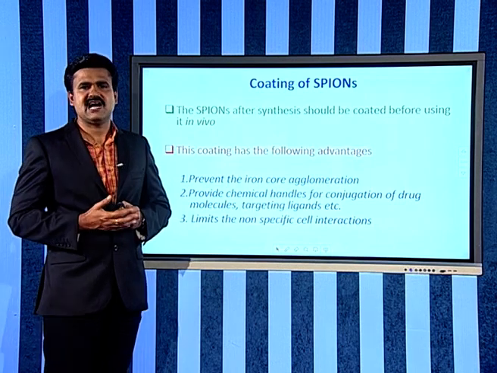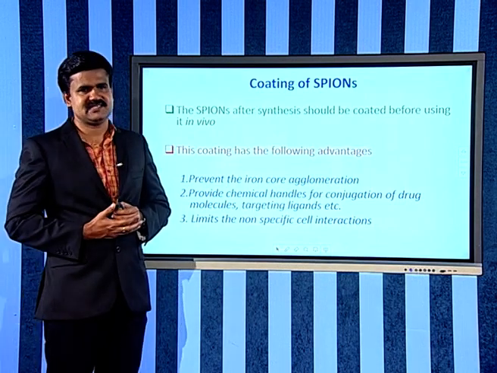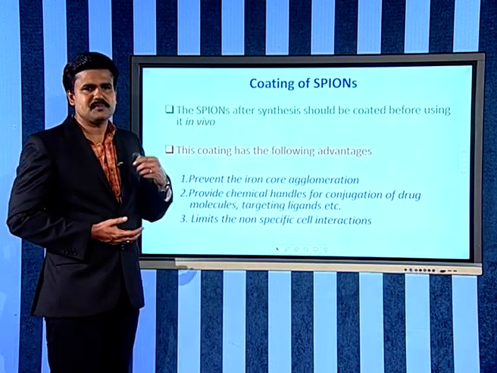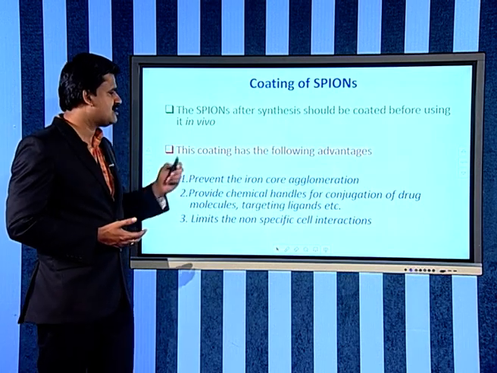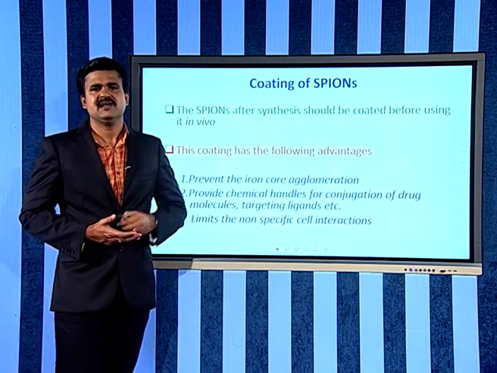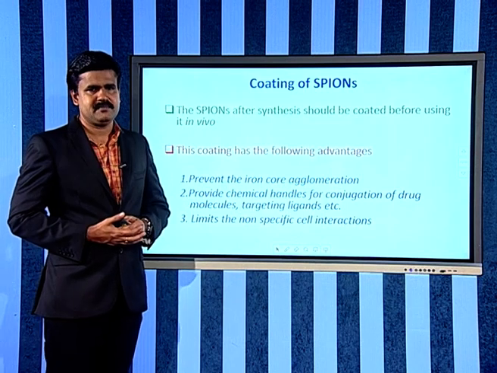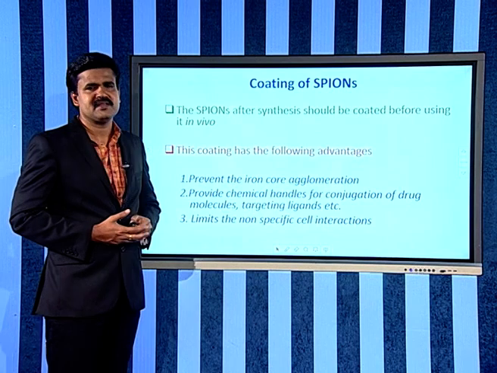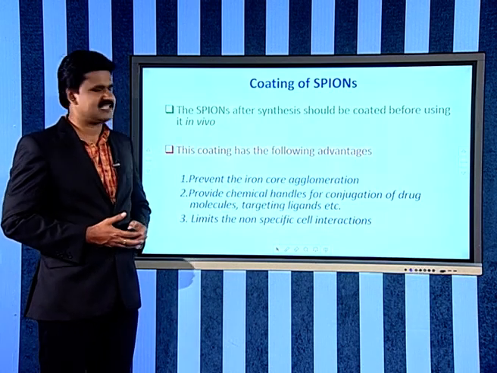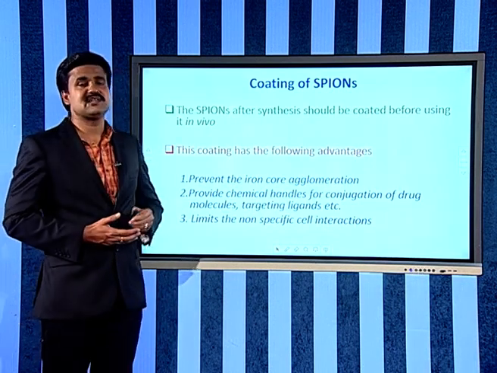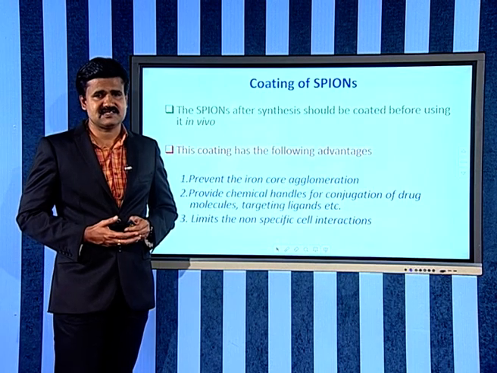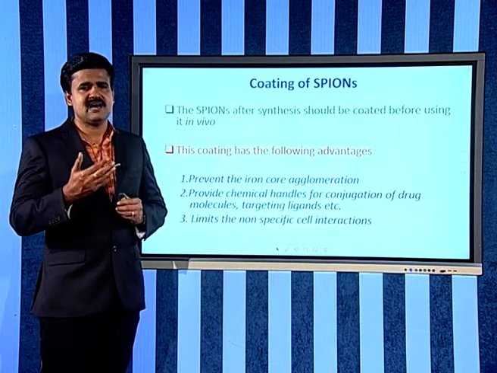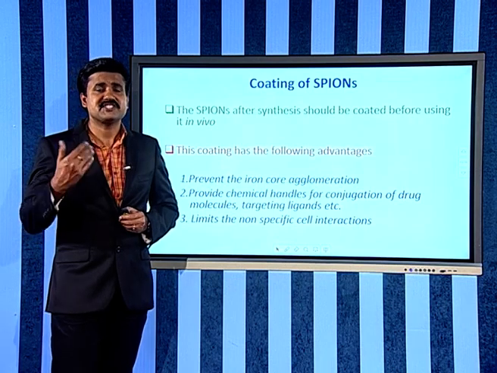This coating has the following advantages. This is to prevent iron oxide core agglomeration. The coating provides chemical handles for conjugation of drug molecules, targeting ligands, etc. It limits the non-specific cell interactions. These points are from the biological application point of view.